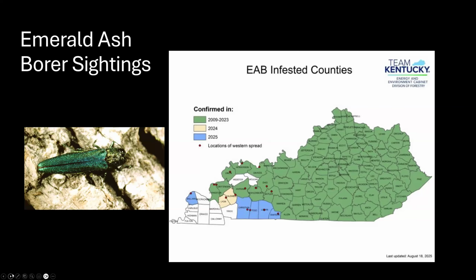And as you can see, it's starting to affect our counties nearby. Even if a county is not on the map yet, it doesn't mean that it's not there. Emerald ash borer could very well be there, especially in the Purchase region of Kentucky, and we just haven't had specific sightings yet. But certainly, if you have ash trees in your woodlands, be checking on them for some of the things we're going to talk about to see if they might be plagued by the borer.